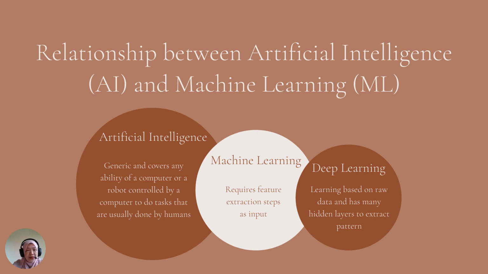So it is learning, okay, but you need to give important features or significant information in order for the ML to learn about the problem and try to find the solution. For DL, deep learning, the learning process is based on the raw data.